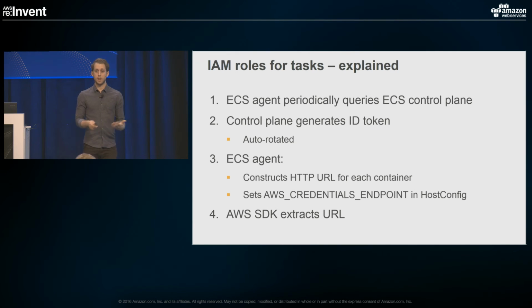And of course, the SDKs that you use within those containers are smart enough to just automatically pull that role. So when your developers are building applications, they don't need to set any sort of local variables that point anywhere to fetch credentials. The AWS SDKs are built in such a way that they'll automatically pick up on that and fetch those credentials for you.